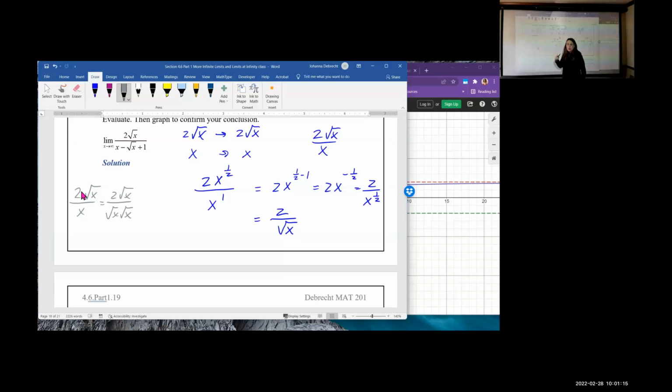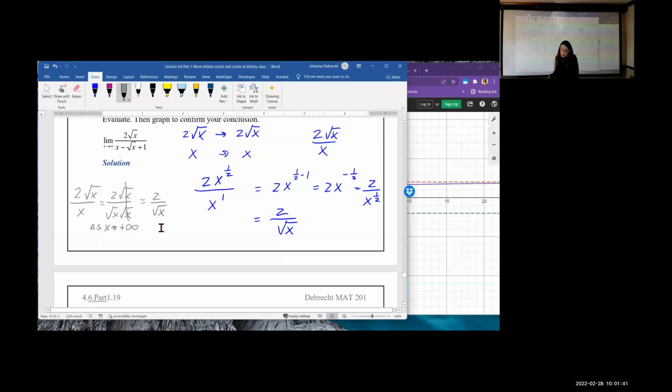So when you take the square root of x and you square it, you're going to get x if x is going to positive infinity. And then these cancel, and you get 2 over square root of x. But the key to doing that is knowing that x is going to positive infinity, so you're allowed to break it up like that.